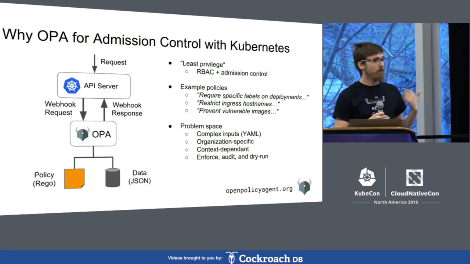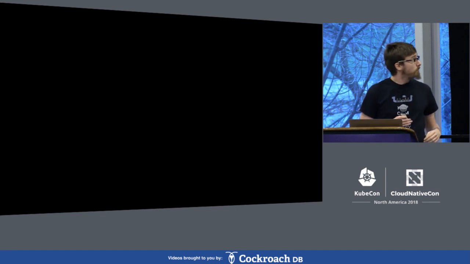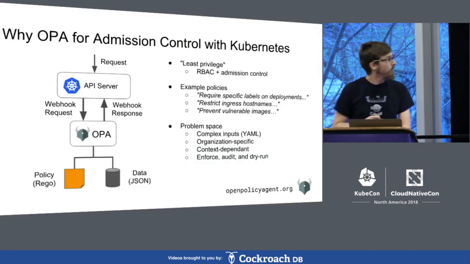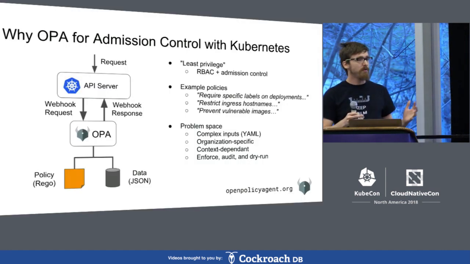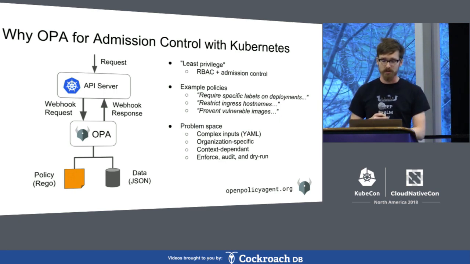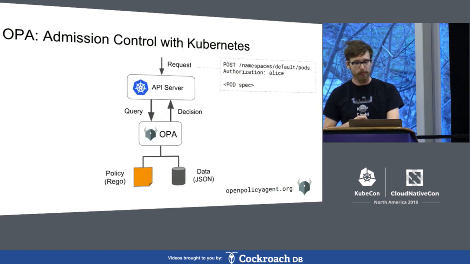You can say, I want to dry run this. I want to run this in my development environment or as part of my CI process. Or I want to know what are all the deployments that violate my image policy, for example, right? So there's a combination of things that make OPA a really good fit for these kinds of policies.